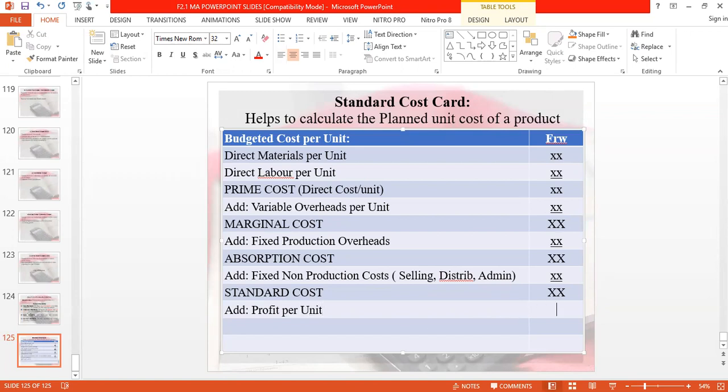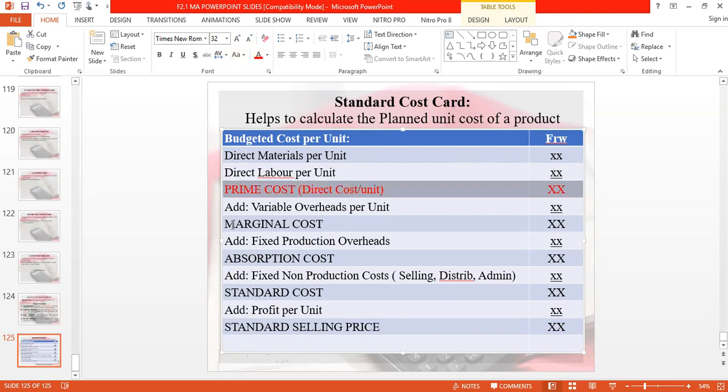When you add profit per unit, what you get is selling price. Let me call it standard selling price or standard price. So the answer you get is standard selling price.